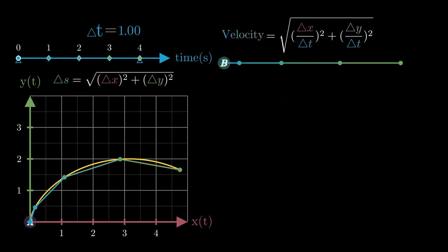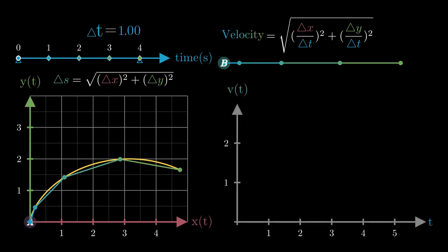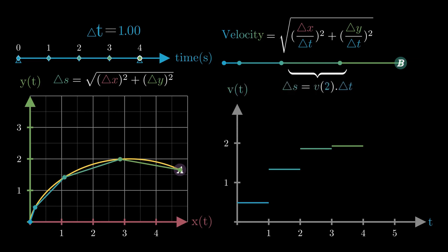If we were to graph the velocity of particle B as a function of time, it is going to look like this discontinuous step graph. It stays at a constant value for delta t seconds and discontinuously jumps to a different value every delta t seconds. Each of these distances traveled by particle B can be expressed as the product of velocity during that interval times delta t.